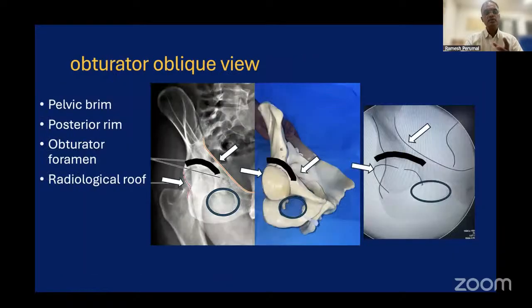So to summarize the findings, in an obturator view you can see the pelvic brim and the posterior brim, the obturator foramen, and also the radiological roof. So in the obturator oblique view, we get 4 findings: the anterior column and the posterior wall, the radiological roof, and the intactness of the obturator ring.